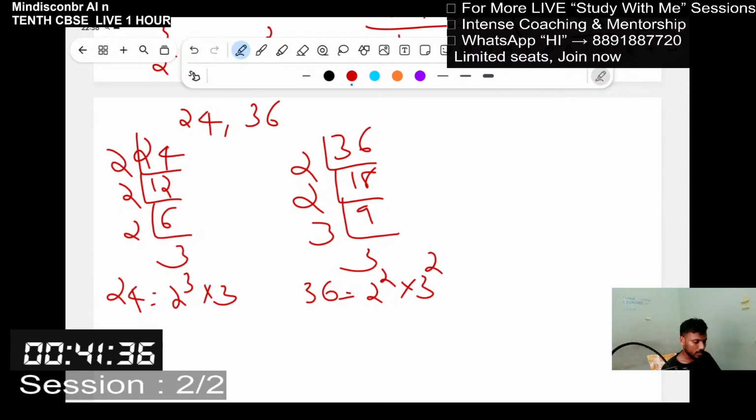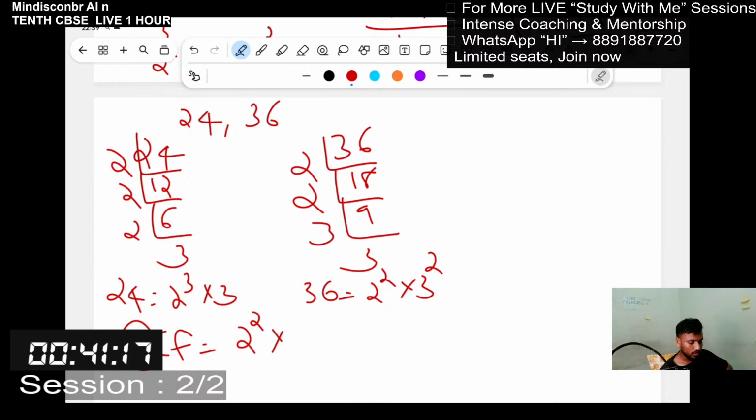So HCF is the highest common factor, so common factors should be there. 2 cube and 2 square, 2 and 3 are common factors. We have to take the lowest power of the common factors. So the lowest of 2 square and 2 cube is 2 square, and of 3 and 3 square the lowest is 3.